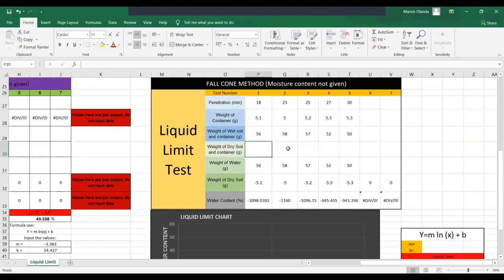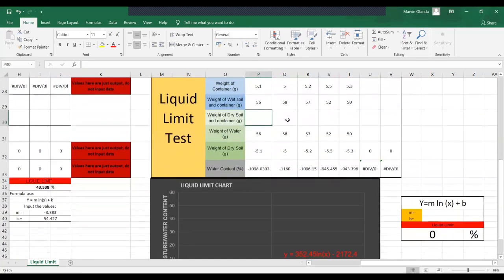After the soil was oven dried, the weight of the dry soil with the container will be 45 grams, 47 grams, 43 grams, 42 grams, and 40 grams.